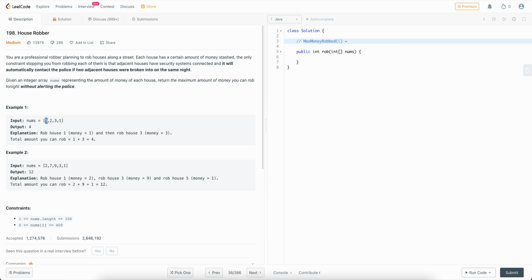So if I'm starting at a node I and I rob it, then the money I get is basically nums at I plus the max money robbed at I plus 2, because remember, I cannot rob I plus 1 if I rob I, right?